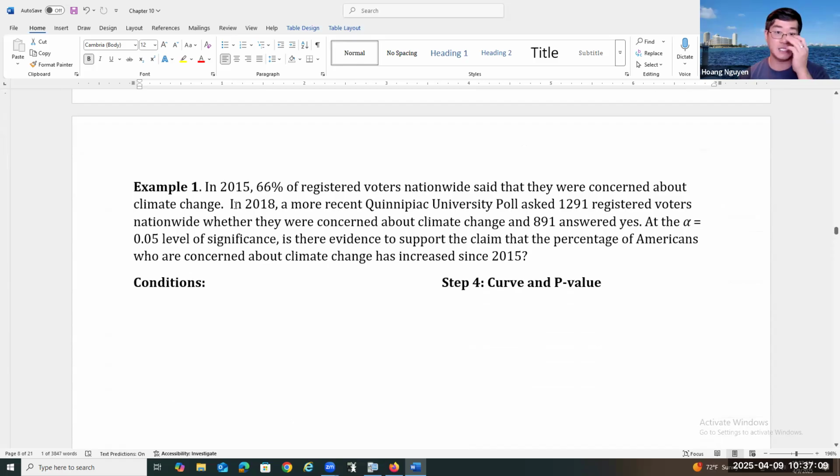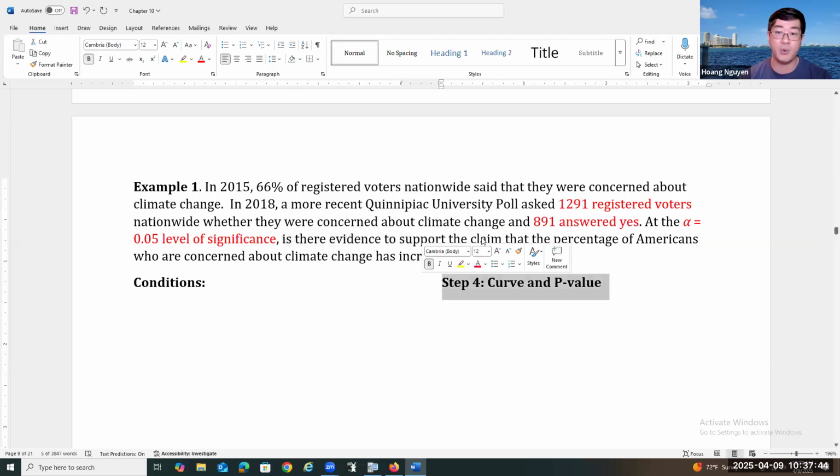In the year 2018, a more recent survey asked 1,291 registered voters nationwide if they were concerned about climate change and found out 891 answered yes. So at the alpha equals 5% significance level, is there evidence to support the claim?